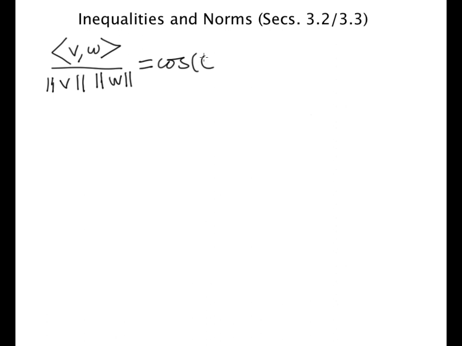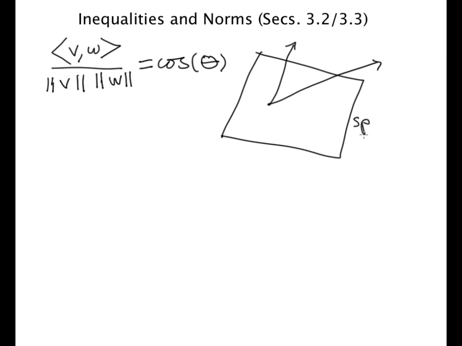Okay, so let's look at some examples, and what I'd like to look at is this version of the Cauchy-Schwarz inequality. So remember I mentioned last time that even though you're in a higher dimensional vector space, if you take this vector v and this vector w in whatever vector space you're in, the span of v and w is two-dimensional, and so it makes sense to talk about the angle.